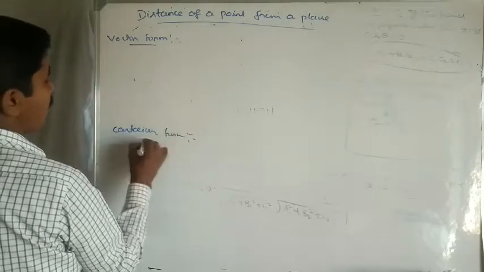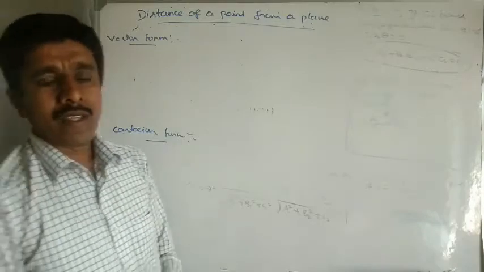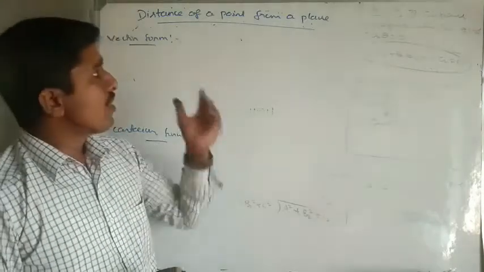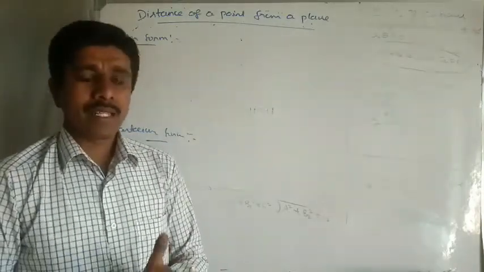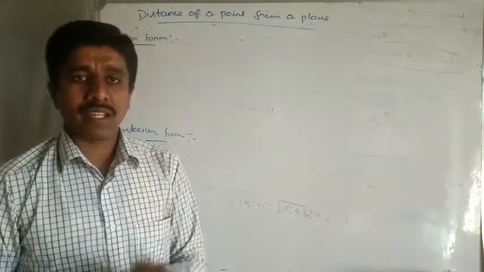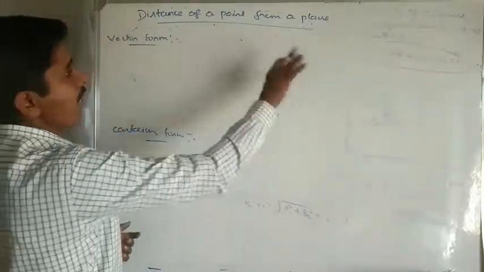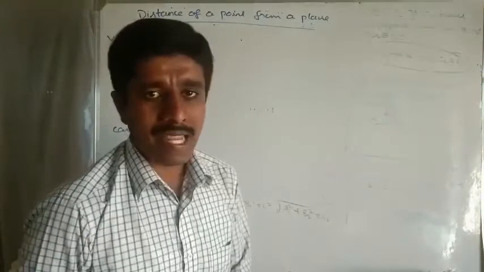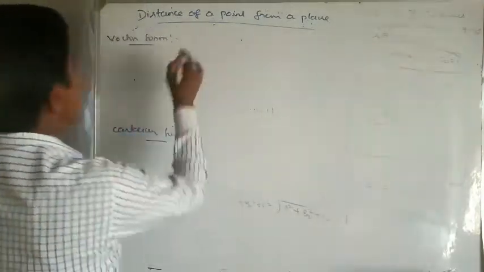So directly I am writing the formula, find it. For the distance of a point from a plane, that point's position vector I am taking as vector A, and the plane equation is vector r dot vector n is equal to d.